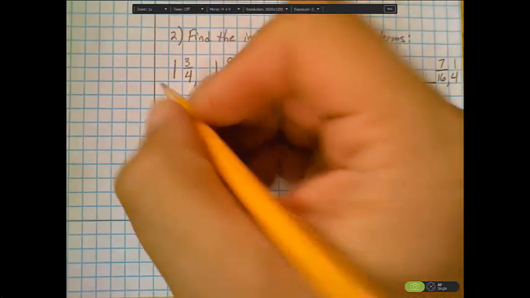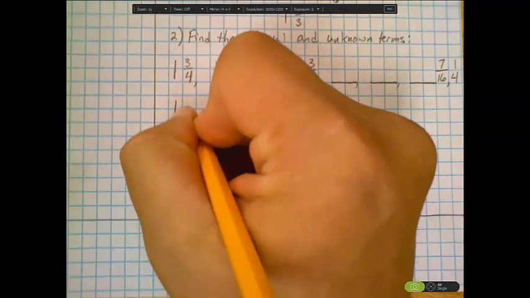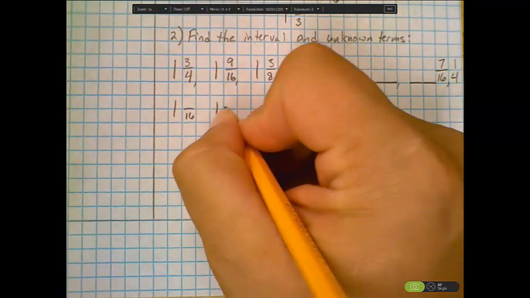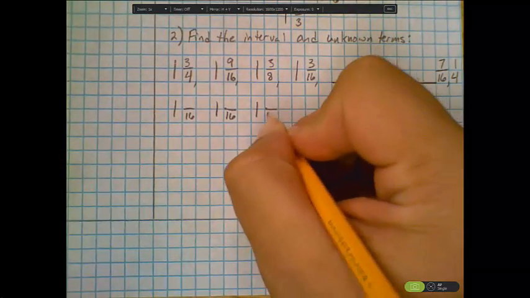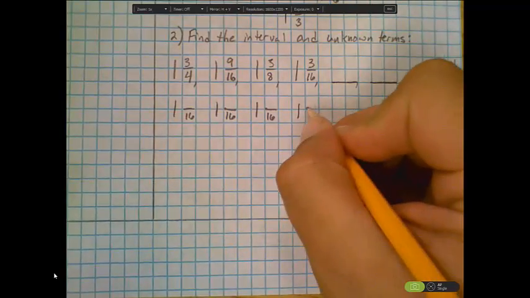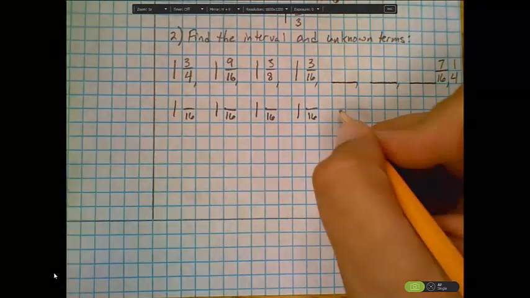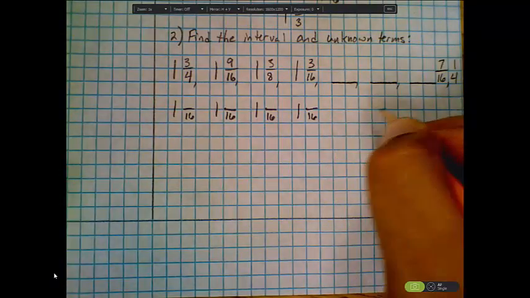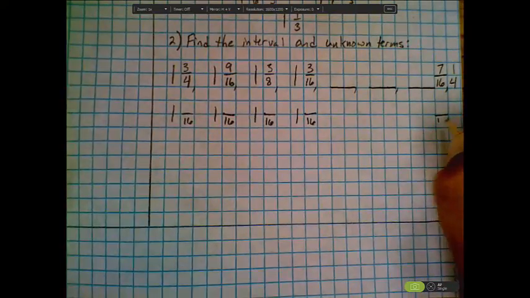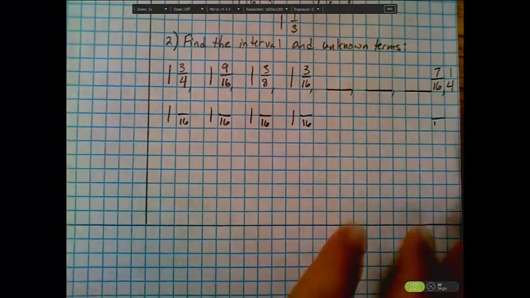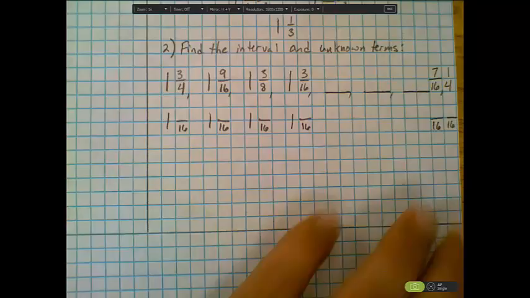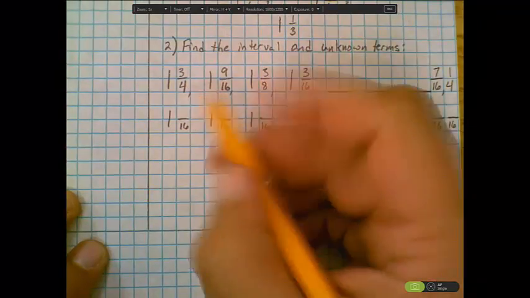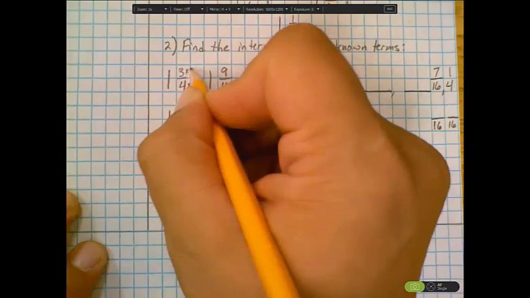So we're going to find equivalent fractions for each of our fractions using the denominator 16. So we do 4 times 4, which means we have 3 times 4.